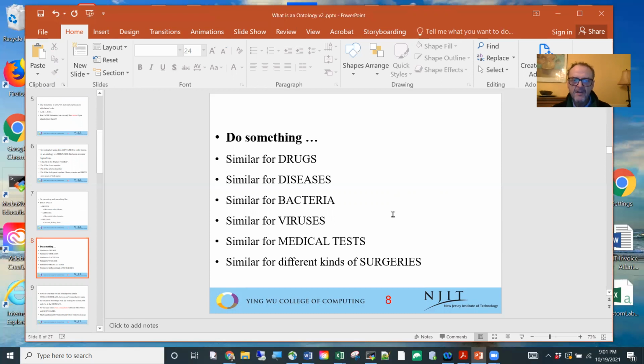Same kind of collection organization for medical tests, like blood tests. Same kind of organization for surgeries, like where is the surgery located, what body part, for example, or what kind of tool are you using? Are you using a knife or a laser? So you organize all those dictionary words in some logical manner.